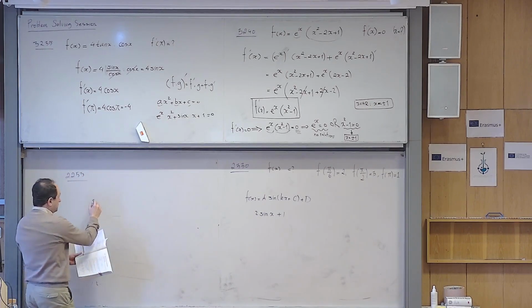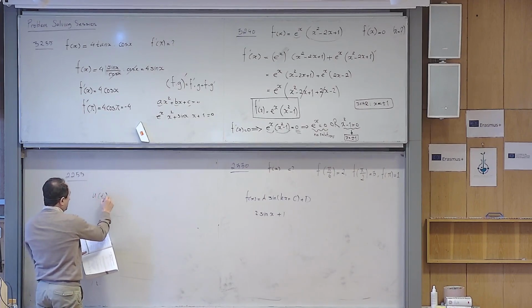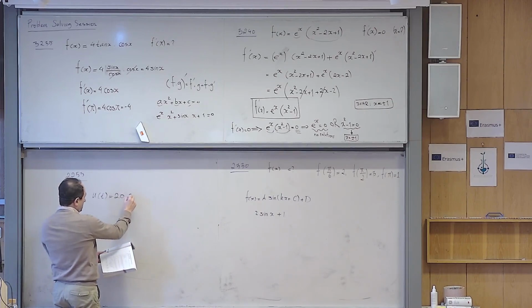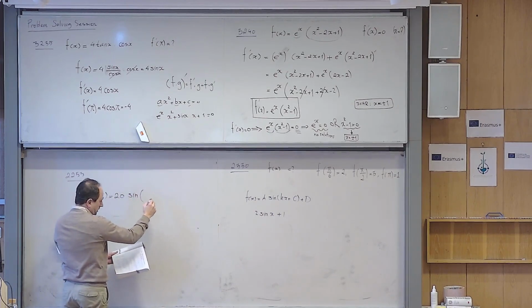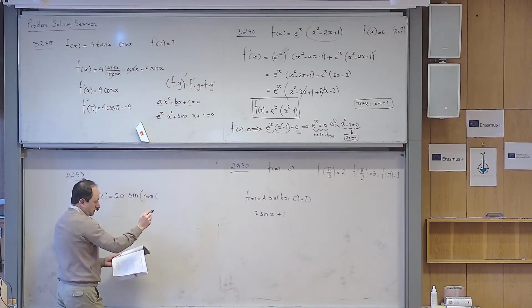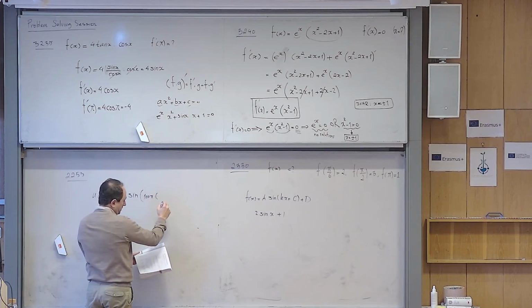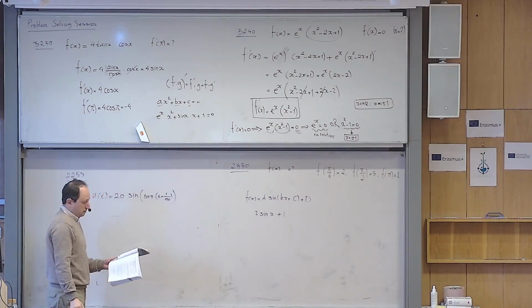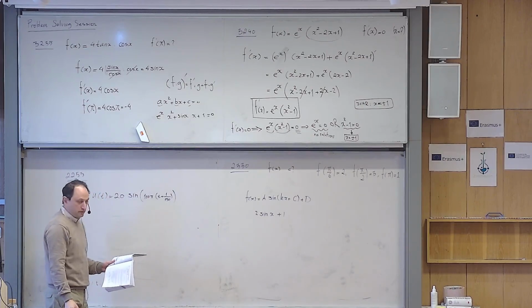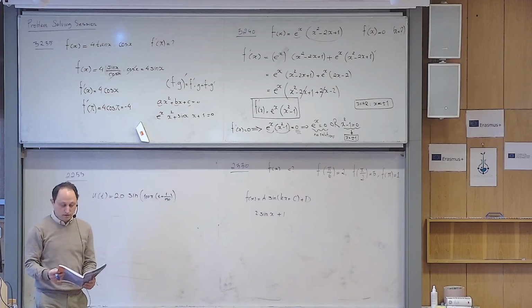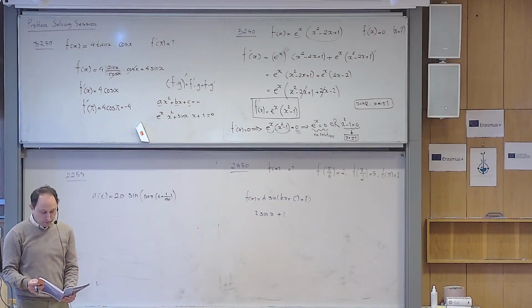So this is the voltage U as a function of t, given to be 20 sine of 100 pi multiplied by t plus... Sorry, what question is this? 2253. I have a different one. I might have written it wrong.